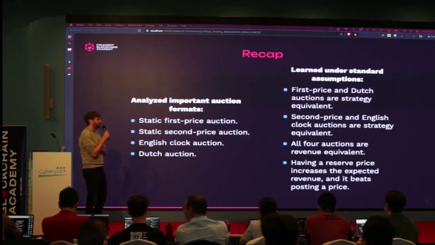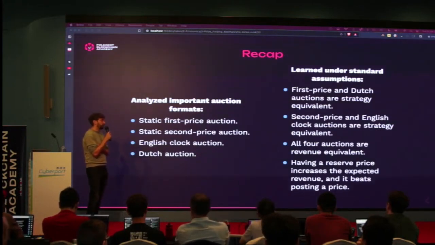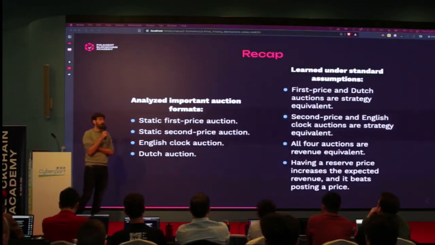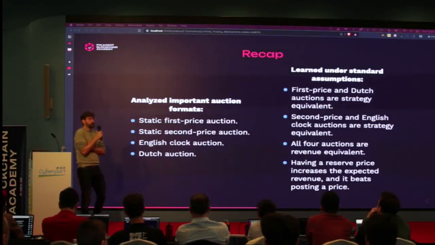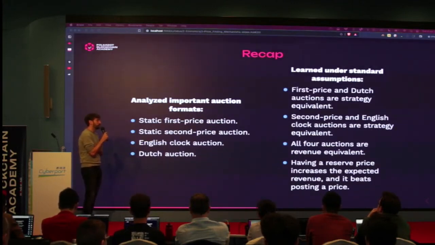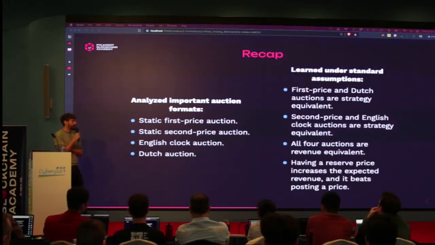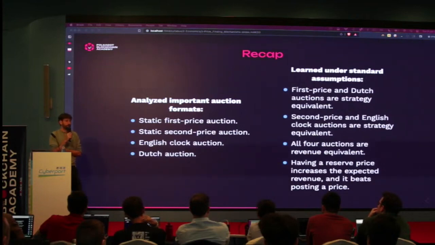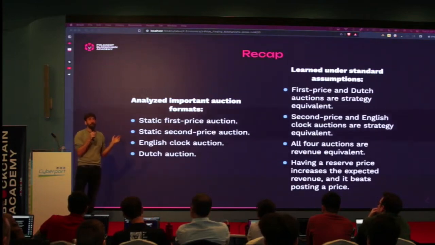The second price and English auction are also strategically equivalent, and there it is a truthful equilibrium where you just bid your valuation. All 4 auctions are revenue equivalent, and having a reserve price actually increases the expected revenue and beats just posting a price where you don't have an auction.